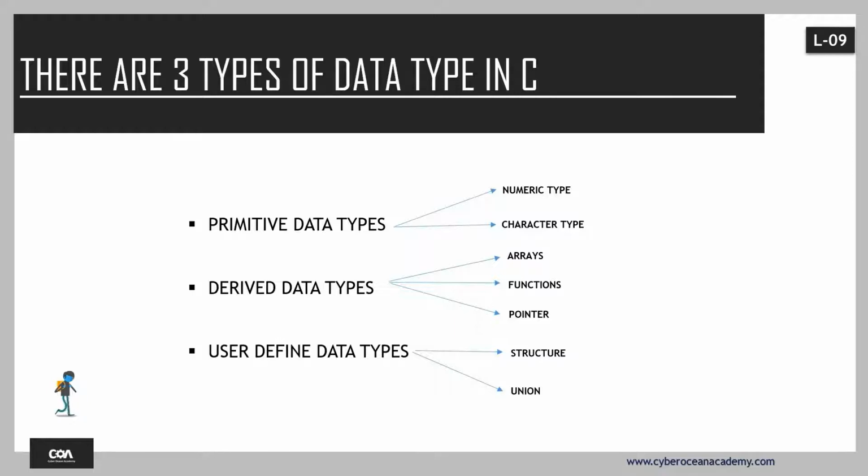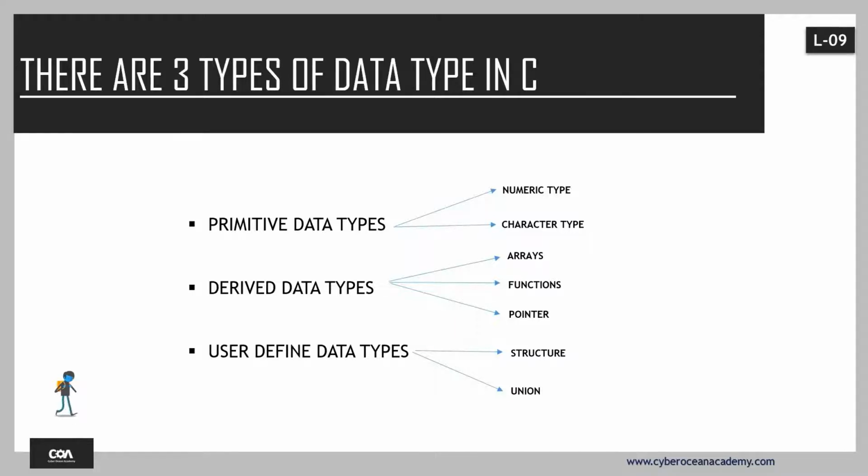If you want to store a single character, you have to use a character type. Generally in C programming, we write any single character inside single quotation marks. We don't have any primitive data type to store a sentence in C programming. We can only store a single character, either A, B, C, or any symbol inside single quotation marks. That is a character in C programming. So these are the primitive data types.